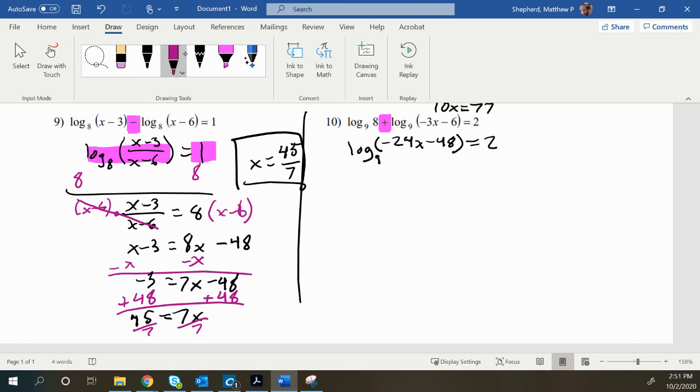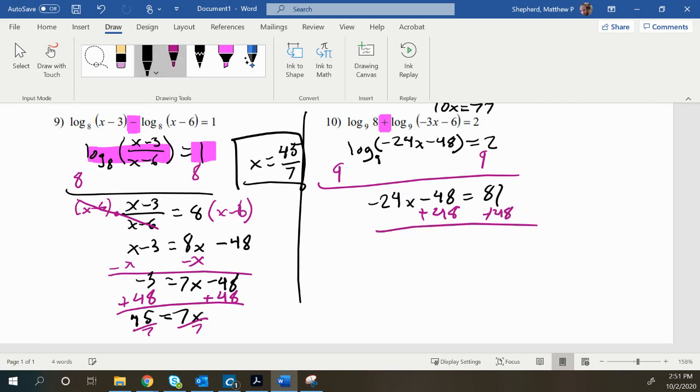Okay, so because it's a log base 9, you can use 9 as the base of the exponent of both sides. So then we're just left with a negative 24x minus 48 is equal to a 9 to the power of 2, so 81. Add our 48 to both sides.